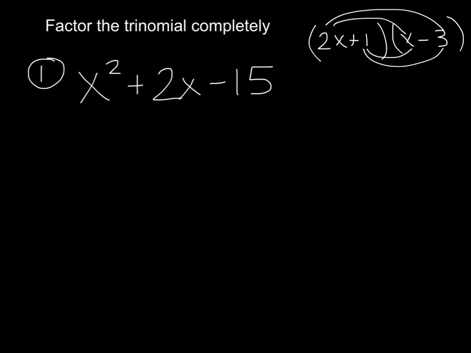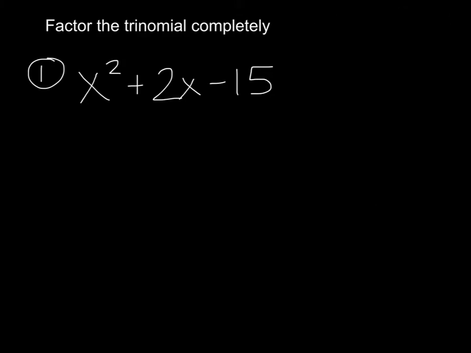The first thing I like to do is draw my two parentheses, because that's what I know I'm going to get to. Next, I look at my first term, which is just an x squared. To get x squared, we multiply x times x, so we put an x in both positions.